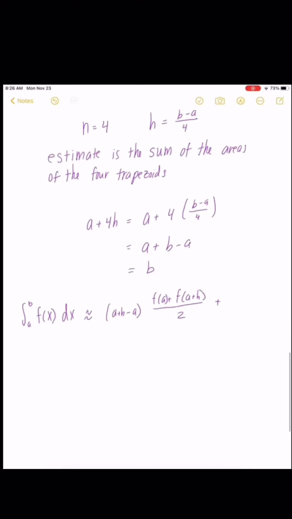And then I go ahead and do it on the next interval. So actually I will have to go to the next line.